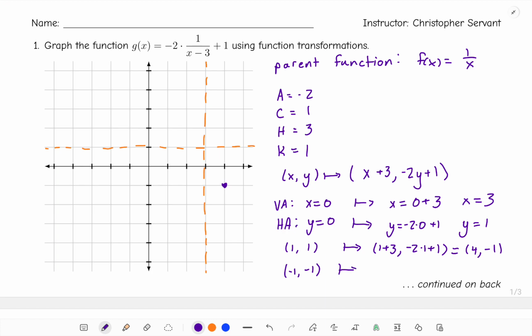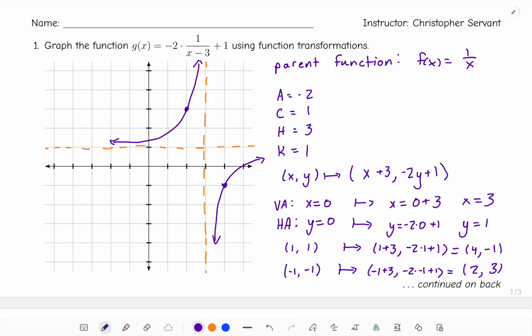And then -1, -1 gets mapped to, what does that come out to be? 2, 3. And then because I know it has to approach the asymptote, I'm going to draw my curves like this and like this. So that's how you do this problem using the formula.